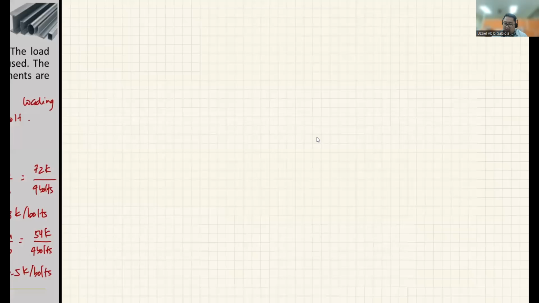So gawin natin step 3. Calculate FRB. Okay? So sa FRB may dalawa tayong possible solution per equation. Yung una, FRB is equals to yung shear natin per bolt over sa area ng single bolt lang.